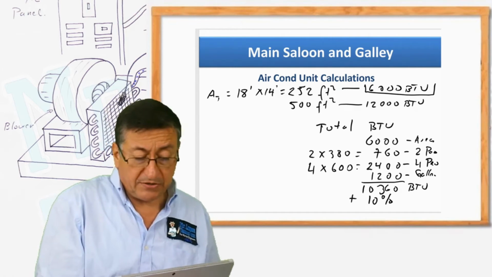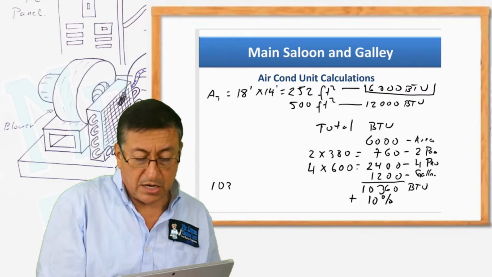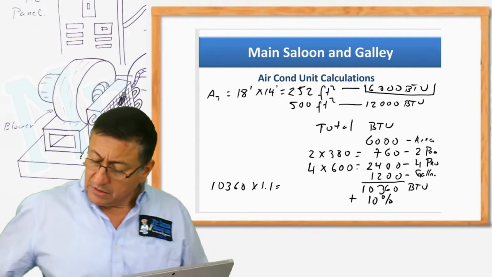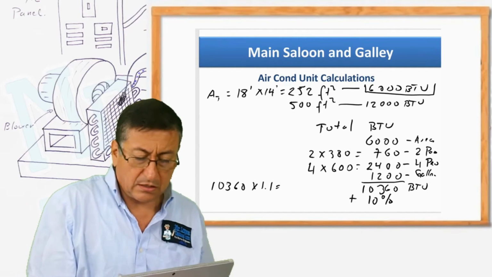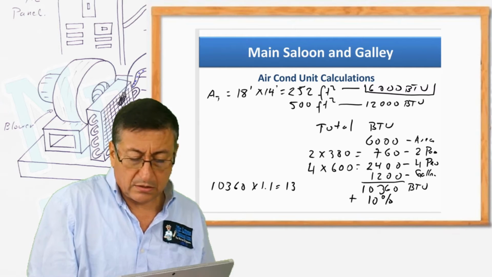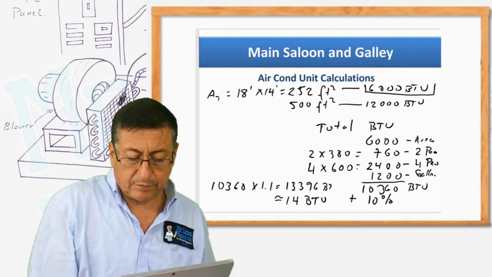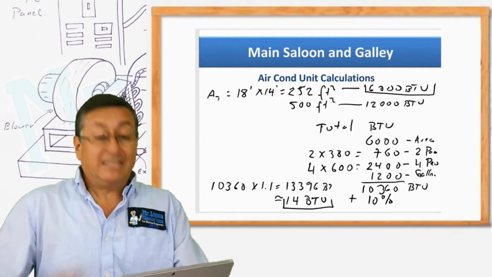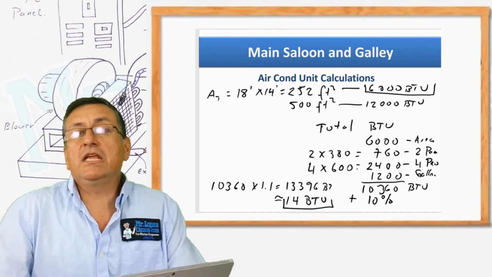How I add 10% is 10,360 times 1.1, and this is 13,396 BTUs. This is approximately 14,000 BTUs. This is a real calculation. I need 14,000 BTUs for the saloon.